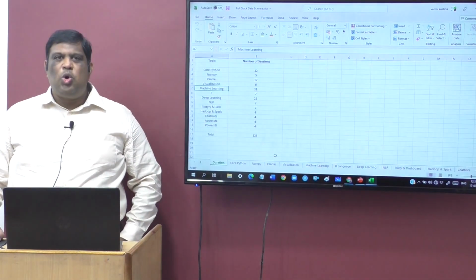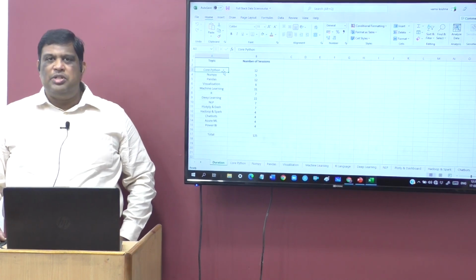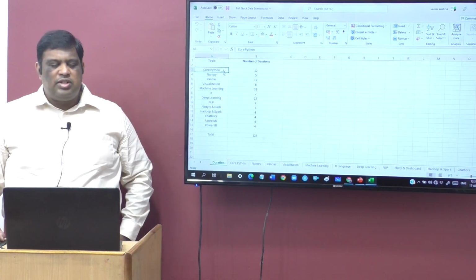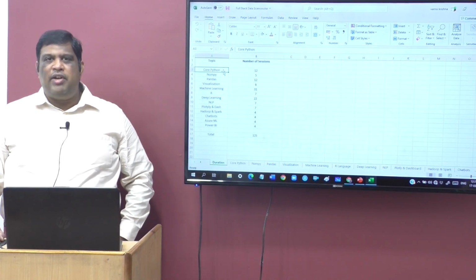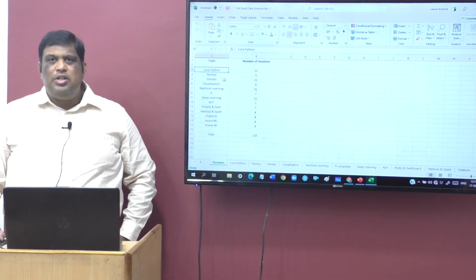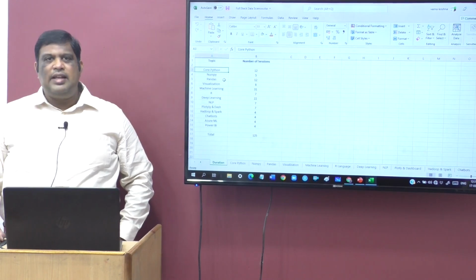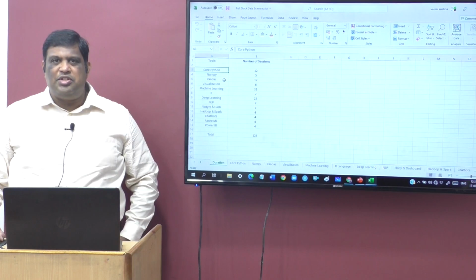Starting from core Python, which is one of the popular languages for data science, we go on to the introductory part of NumPy and pandas, which are very important for data science. As a data scientist, the most important thing is data visualization.